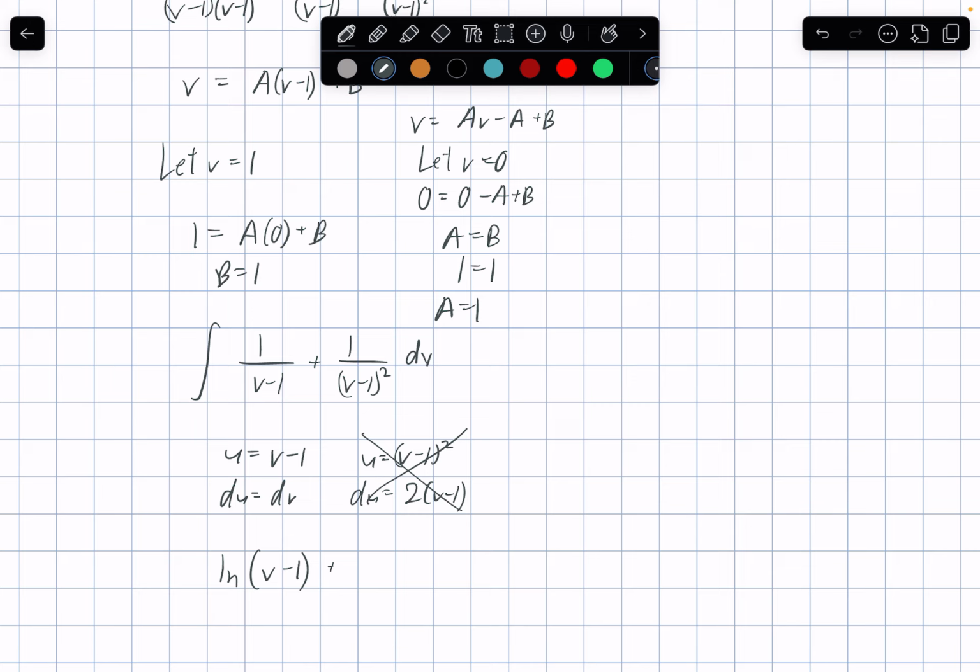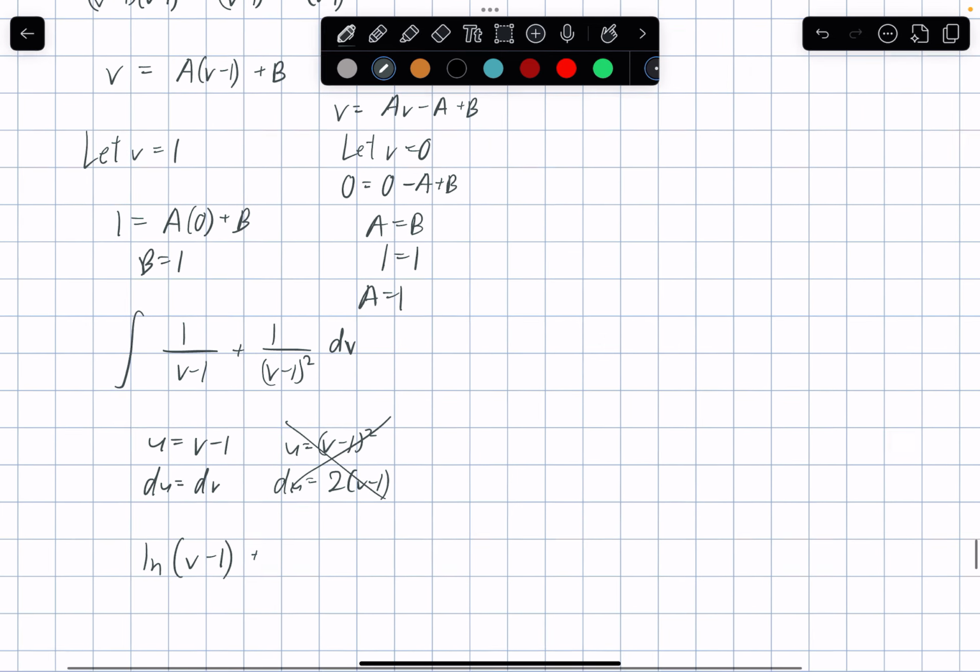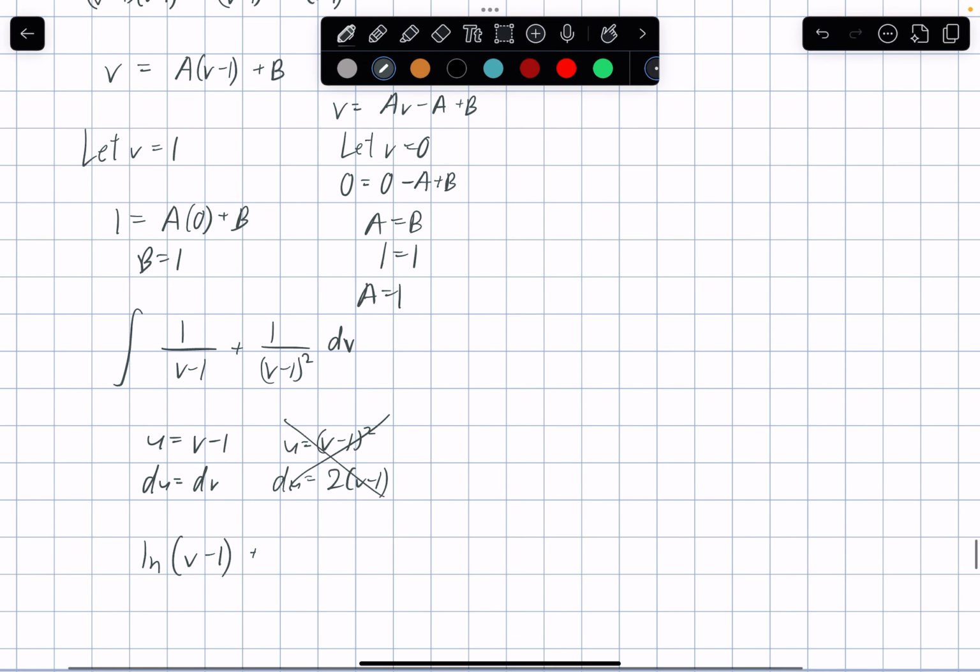I think we have to perform partial fraction again. Yes, we have to. Technically, the degree of the denominator is greater than that of the numerator. So 1 over v minus 1 squared. It's actually what we did a while ago. Let's just rewrite it.